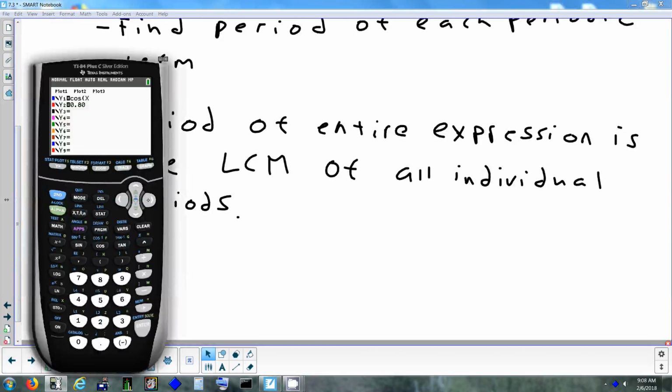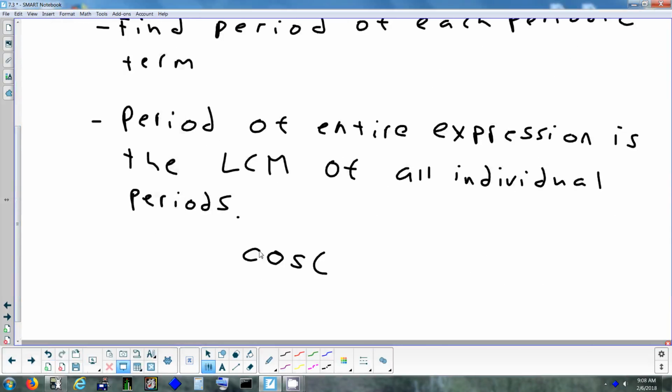And the way you have to type it in is like that. Make sure you close your parenthesis. If you don't, it would do this versus doing this. I want what's on the right, not what's on the left.